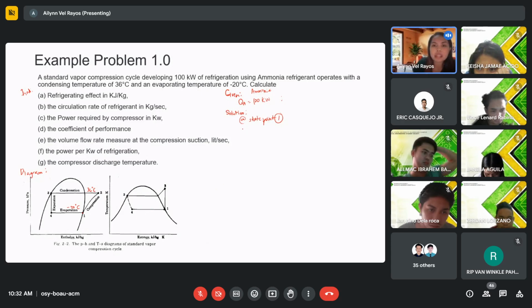So, our H1 is equivalent to, since it is vapor, HG.